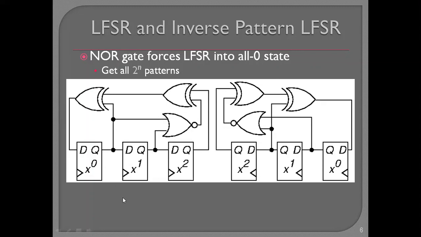So what is the characteristic polynomial for this? x cube plus x plus 1. But I have included this NOR gate which is taking inputs from the 2 internal paths between the flip-flops and feeding it to this extra XOR gate, so that we can include all zeros. Now let's see how.